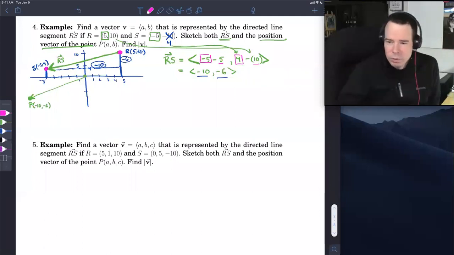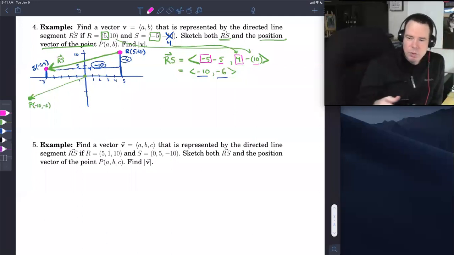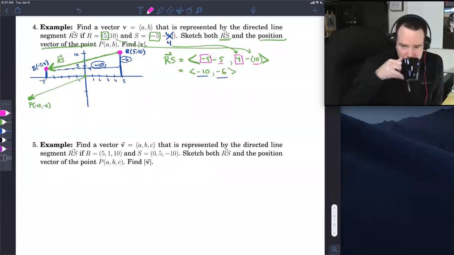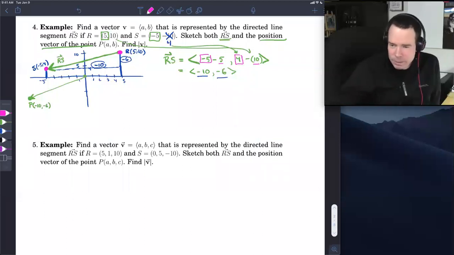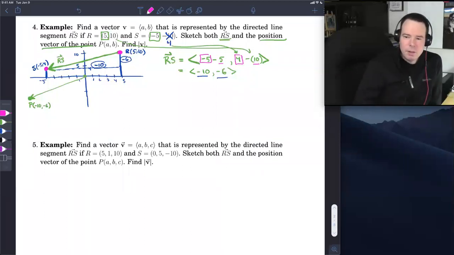So often referred to as tip minus tail. If you want to find a vector between 2 points, you take the point that represents the tip and the point that represents the tail, and you take their difference, and that gives you the vector between them.